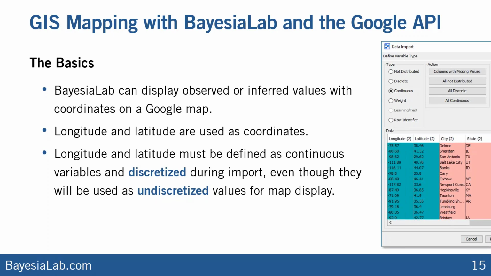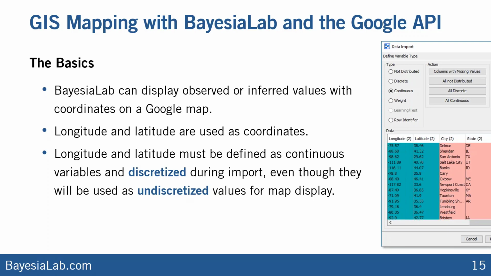Now, as you bring data into BayesiaLab, bear in mind that you will still need to discretize longitude and latitude as variables, as you do with any other continuous variable. Even though for map display purposes, BayesiaLab will use these values on an undiscretized basis.